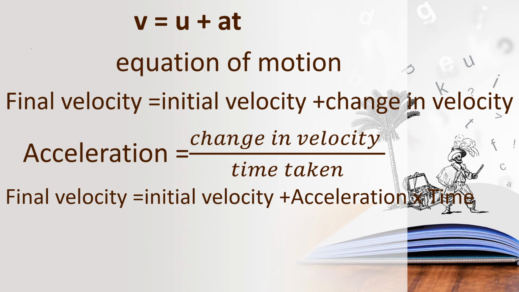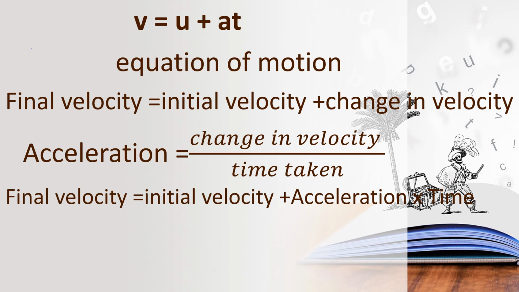So change in velocity equals acceleration into time taken. So how do you get the equation of motion? Final velocity equals initial velocity plus acceleration into time. v for final velocity, u for initial velocity, small a for acceleration and t for time.